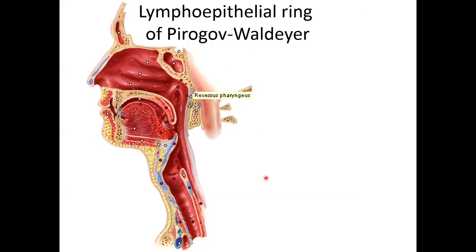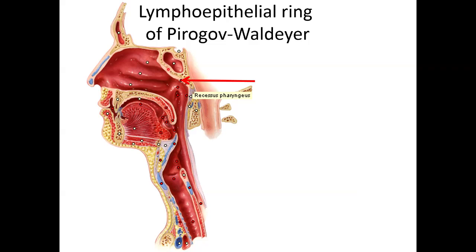We can find these tonsils in sagittal view. The first tonsil is here, most superiorly located. How can we explain the position of this tonsil?